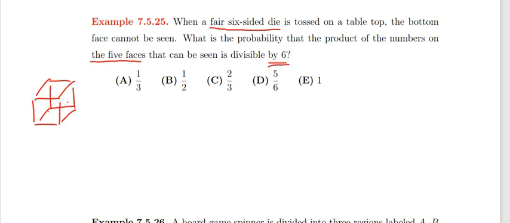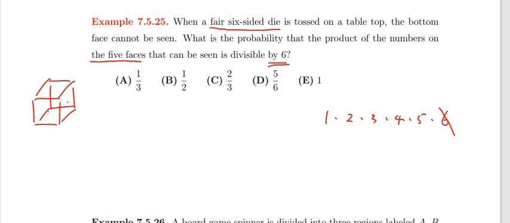Okay, so all the numbers on the die: the product for those numbers is 1 times 2 times 3 times 4 times 5 times 6, right? If the bottom one is 6, then the product becomes this.